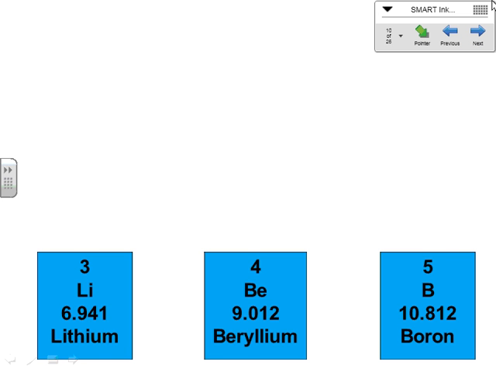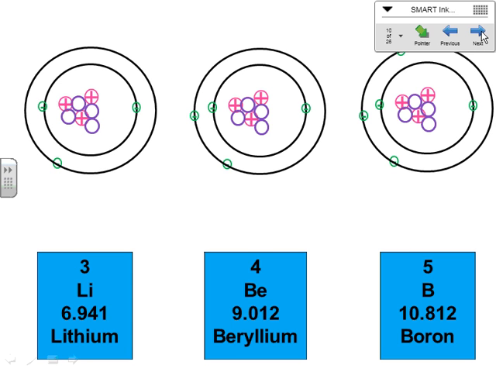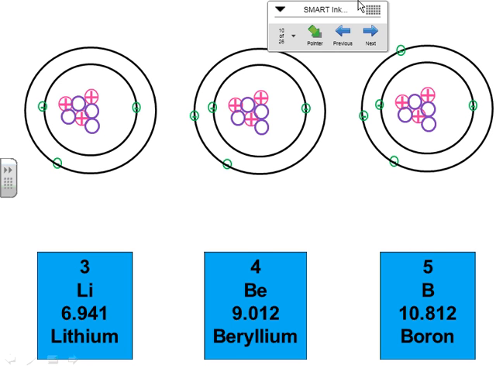Here are element keys for lithium, beryllium, and boron. And here are the Bohr models for each. Let's look at what we might find in common with these 3. Do you notice how many electron shells that they have? Let's go back to our previous example.